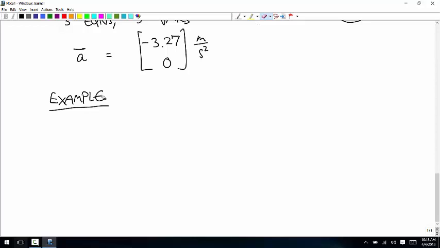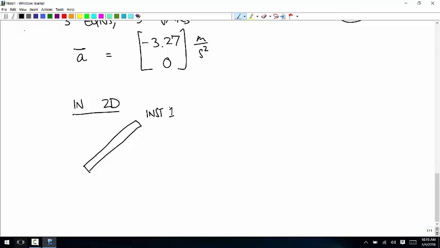Okay, so before we go into this, the reason for the big difference is in 2D, imagine this is a rigid body in 2D at instant 1. Say that's the axis of rotation. And then at instant 2, it's at this position. That's supposed to be the same rigid body. It looks a little different.